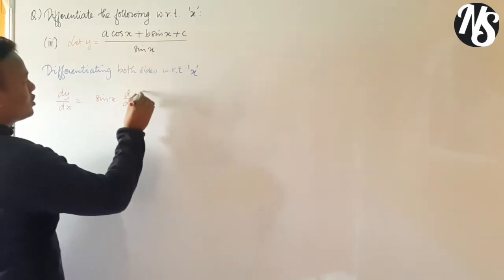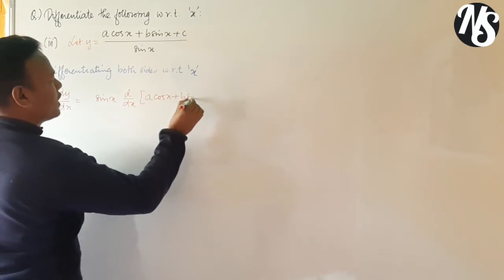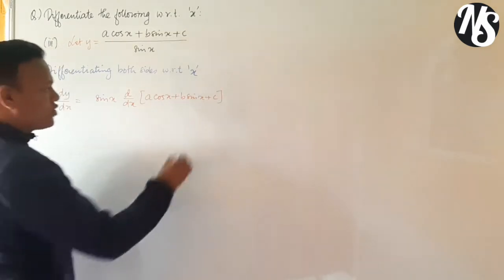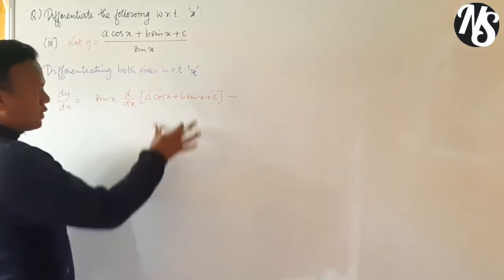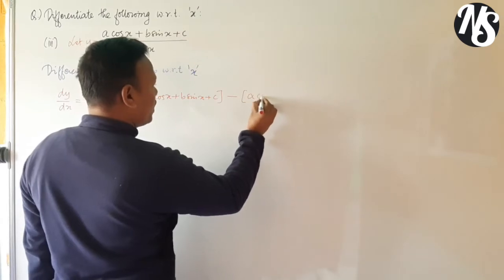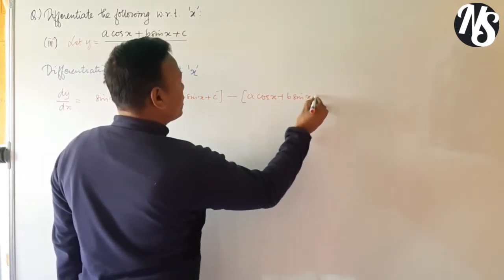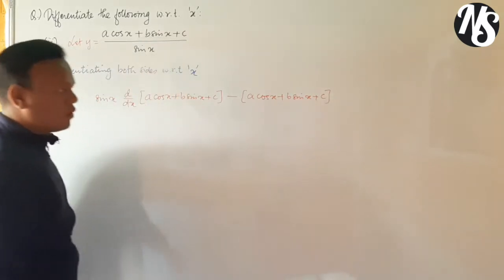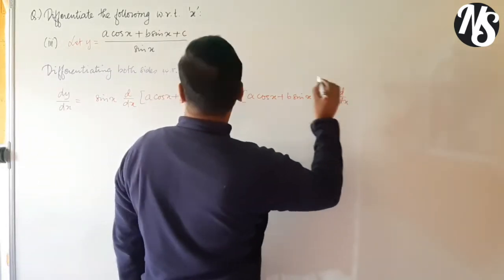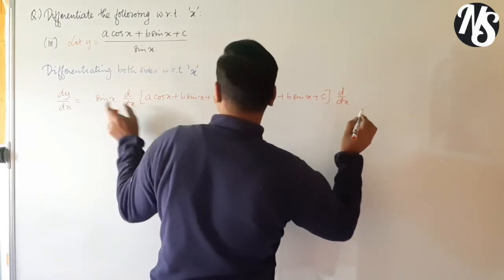And fx is how much? This is a cos x plus b sin x plus c. Yes, next you have to write minus this time. Now this will be kept as it is, so a cos x plus b sin x plus c, and now we need to differentiate gx.